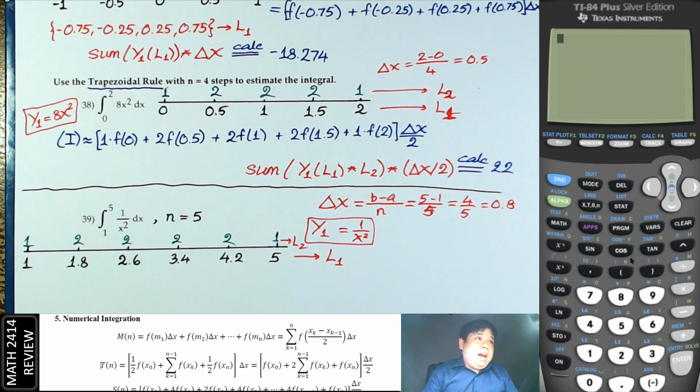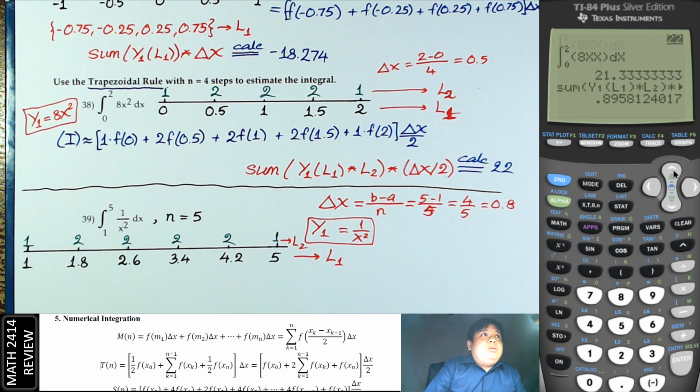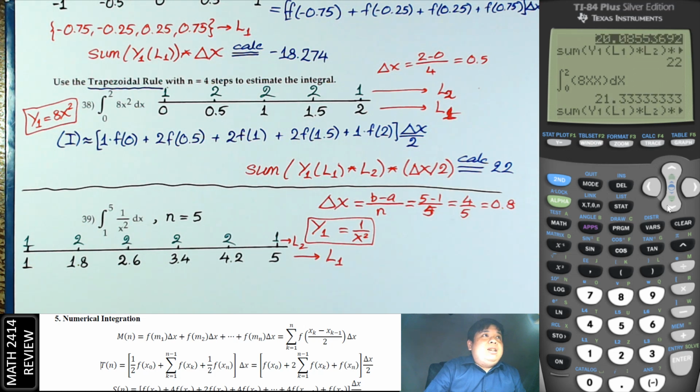And now of course we can enter again second stat, sum, variable, y variable, function y1, evaluate at list 1 times list 2 times delta x divided by 2. Right, of course you can do that. Or if we get lazy, we just copy what we have earlier.